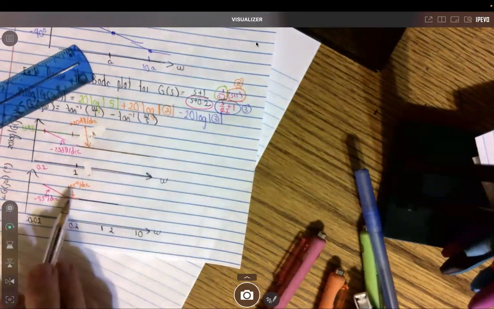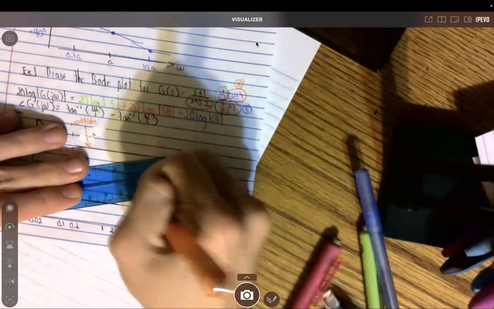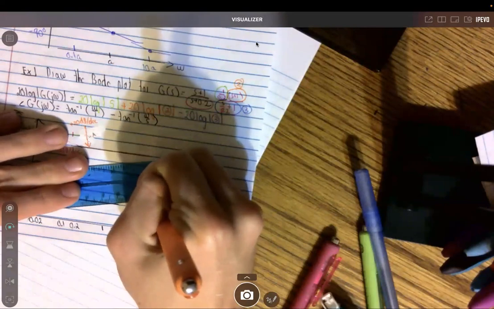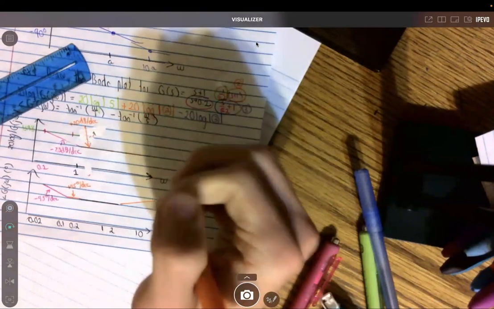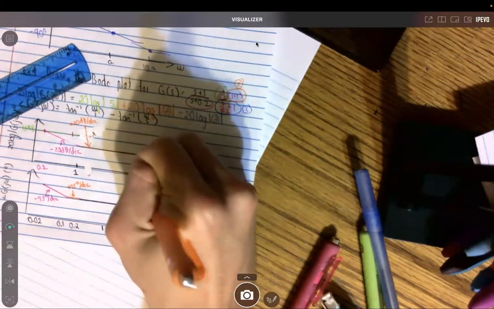So then this one will start to be able to take on the positive 45 degrees per decade until 1 decade after, which is at 10. So then it goes positive 45 degrees per decade.